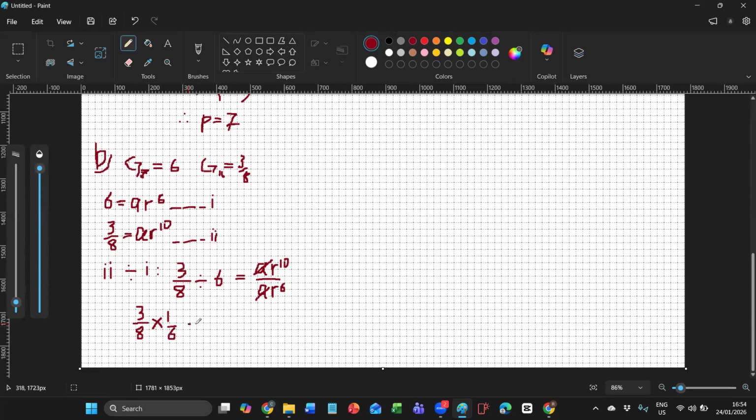On the right-hand side, we will apply the law of indices, which says that when you have numbers of the same base and one is dividing the other, you simply subtract the power of the one beneath, the denominator, from the power of the one on top. You remember that law, right? Yes, sir. Okay, so this is what we have now.